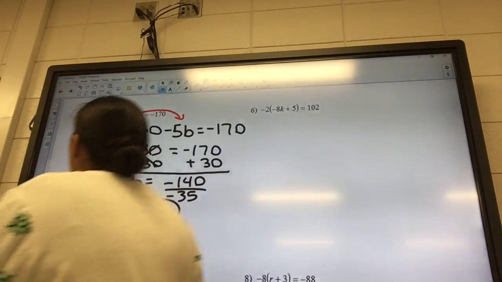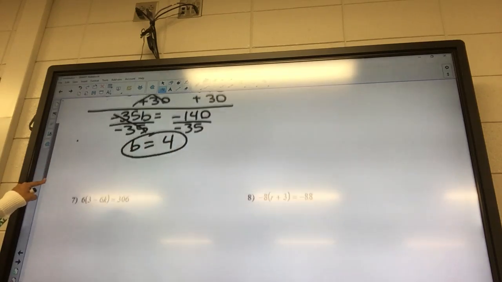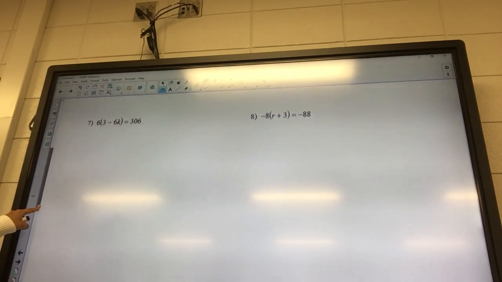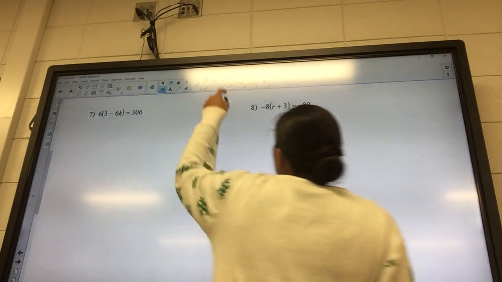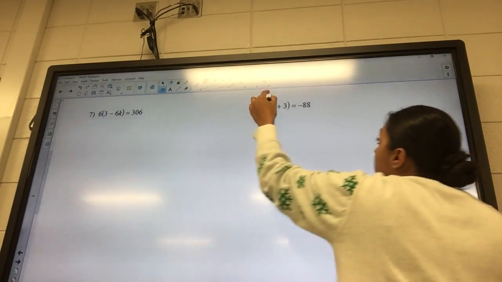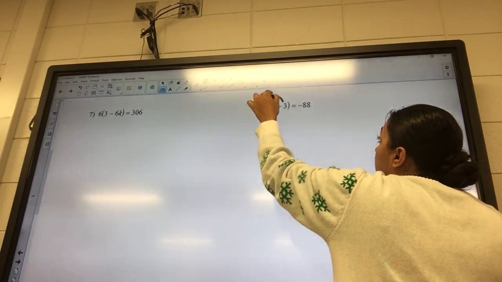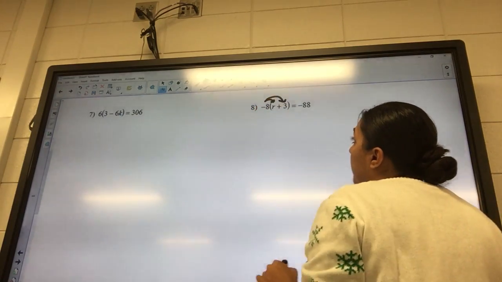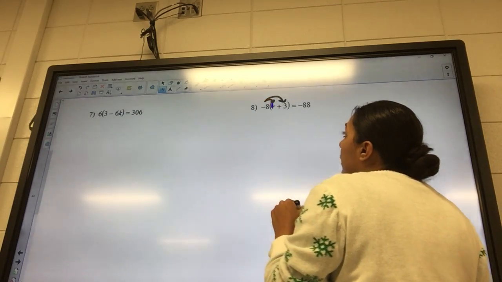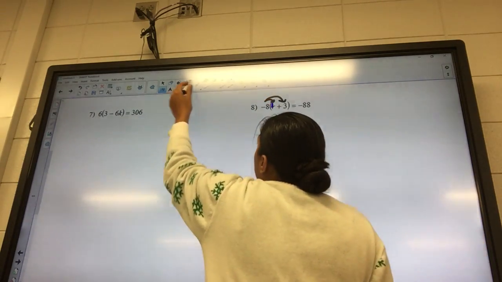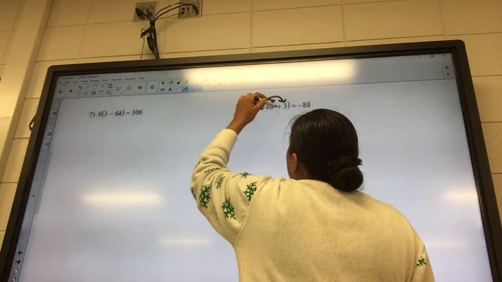The next one I'm going to do is number 8. Number 8 says our first step is going to be the parentheses, so distribute. Right here, there's no number with that R, so we know that in math, it's going to be a 1.